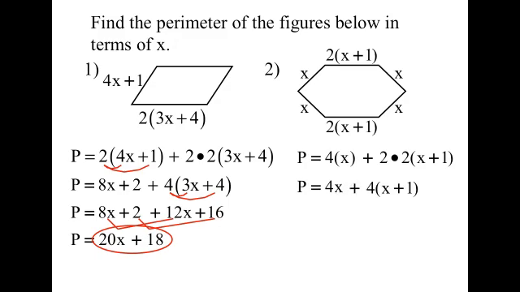Comes to 4x plus 4 times the quantity of x plus 1. Do your distributing and combine your like terms. Final answer is 8x plus 4. Take a minute, check your work.